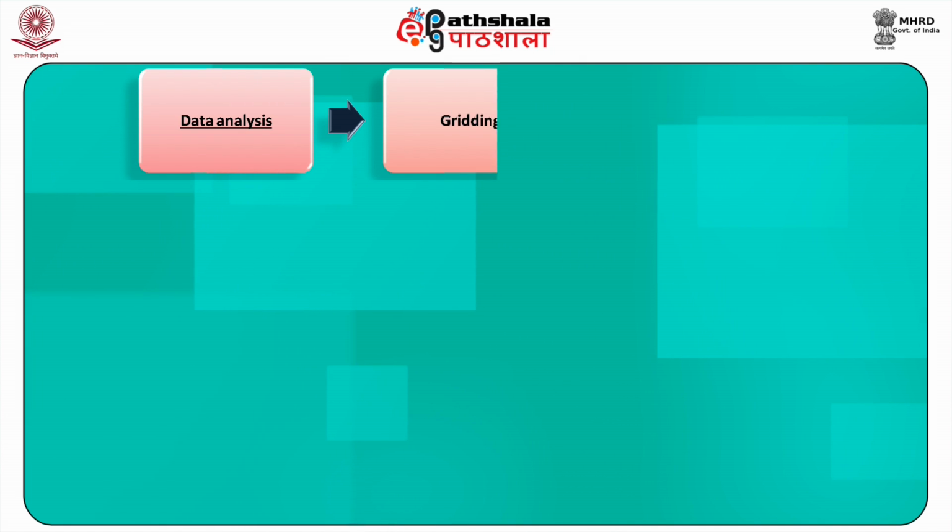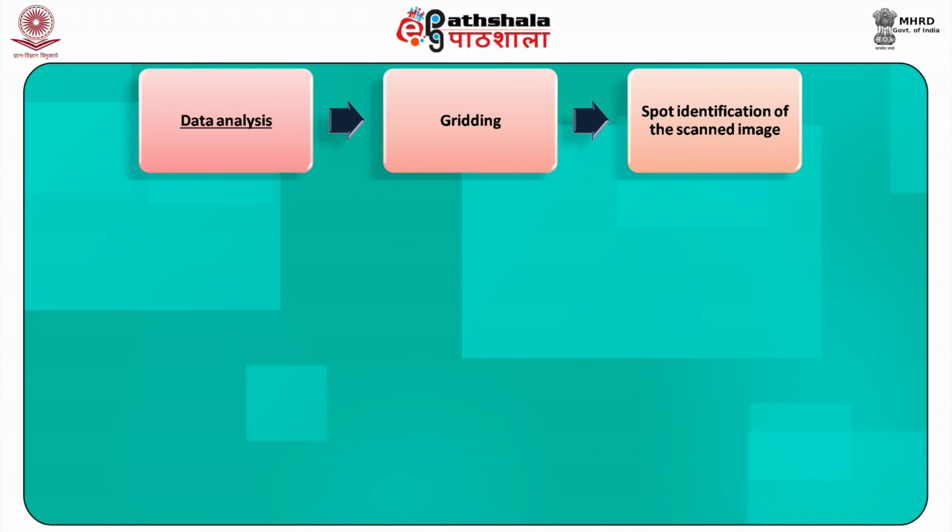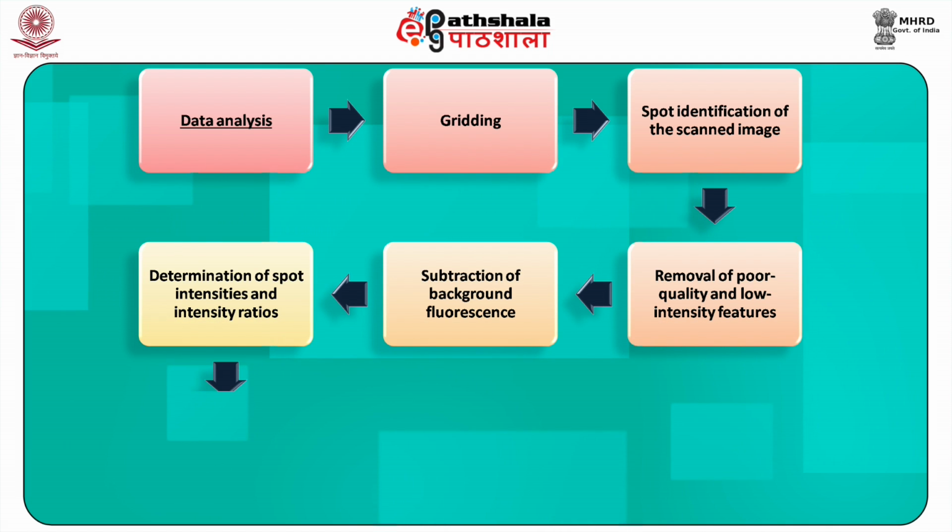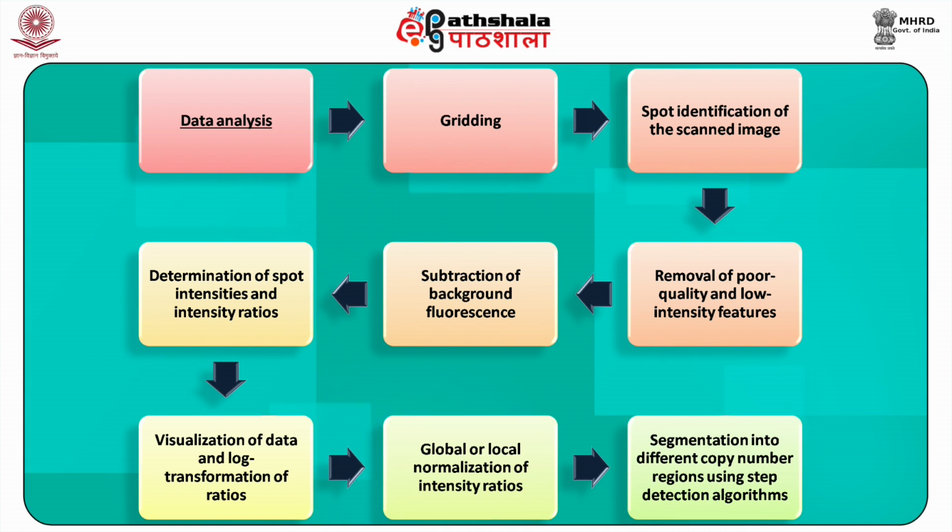Data analysis involves gridding, spot identification of the scanned image, removal of poor quality and low intensity features, subtraction of background fluorescence, determination of spot intensities and intensity ratios, visualization of data and log transformation of ratios, global or local normalization of intensity ratios and segmentation into different copy number regions using step detection algorithms.